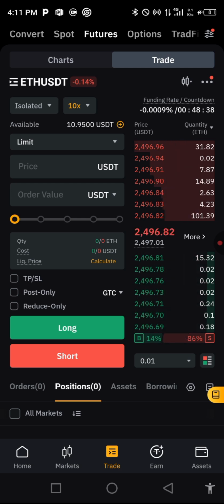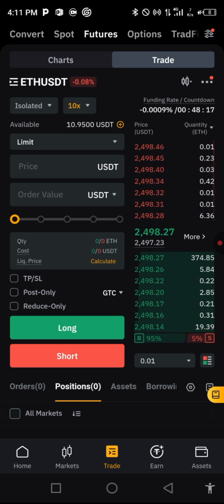Once it comes down to $7, from there it will go up again, right? Now you can come to $7 and place a buy order there. Once it hits $7 and it goes up again, you are already in profit. That is how to set your buy order.